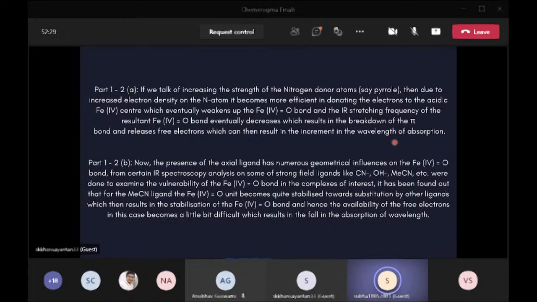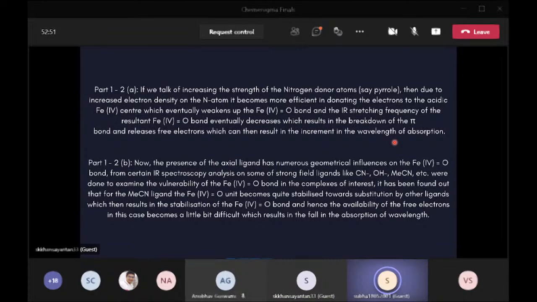It was found that for the MeCN ligand, the Fe-O unit becomes quite stabilized towards substitution reactions by other ligands in the periphery, which hence results in the stabilization of the Fe-O double bond.